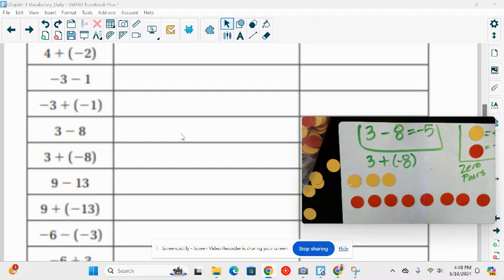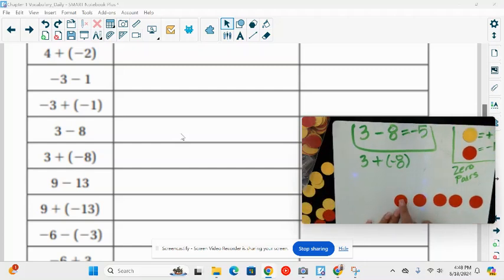And because of zero pairs and additive inverse, those cancel, and those cancel, leaving me with 1, 2, 3, 4, 5, negative 5, which is the same answer that we get here.